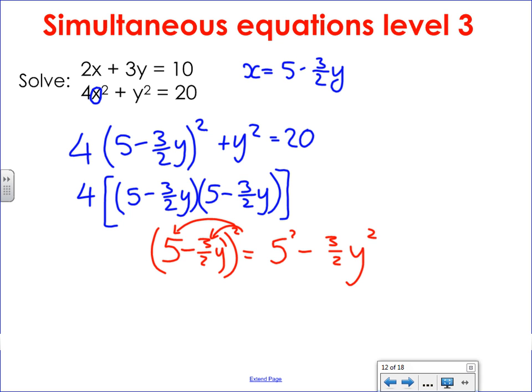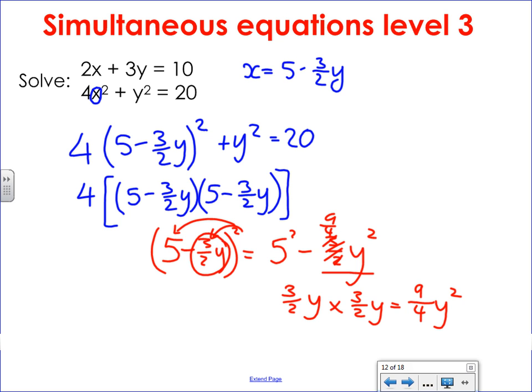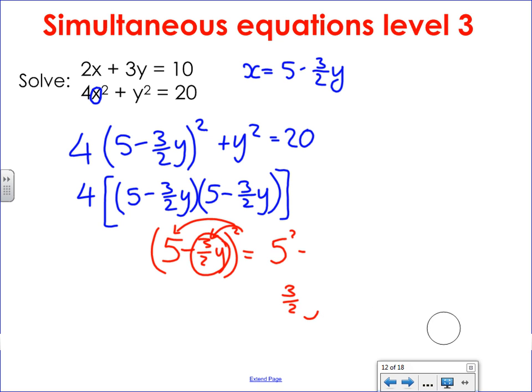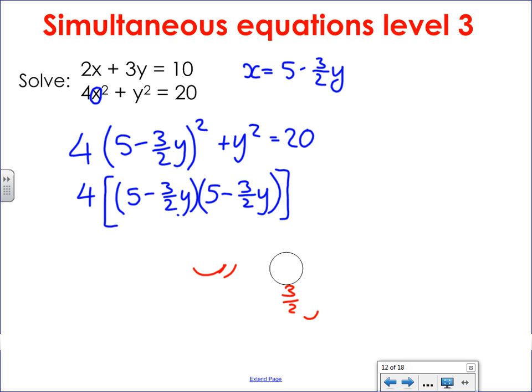Secondly, if you did square 3 over 2y, you wouldn't get 3 over 2y squared, because you'd be doing 3 over 2y times 3 over 2y, which would be 9 over 4y squared anyway. But even if we corrected that mistake and made this 9 over 4, it's still nonsense, because that's not how you square brackets. You square them using the FOIL method, which is usually how it's taught at GCSE. FOIL or however, this with this, this with this, this with this, this with this.